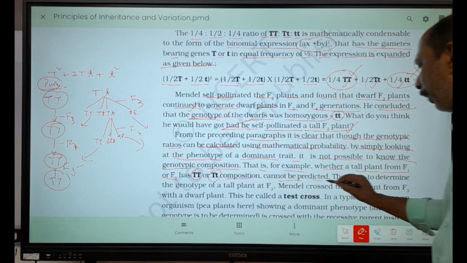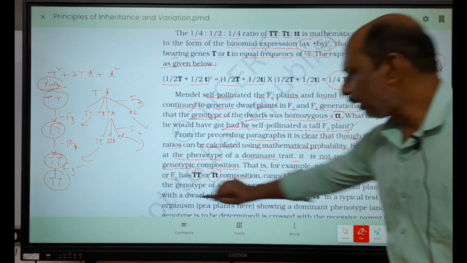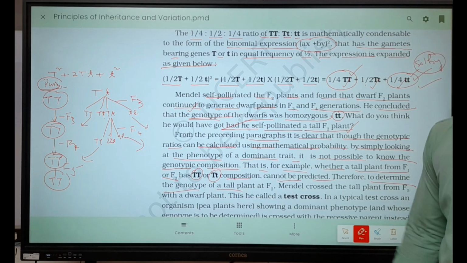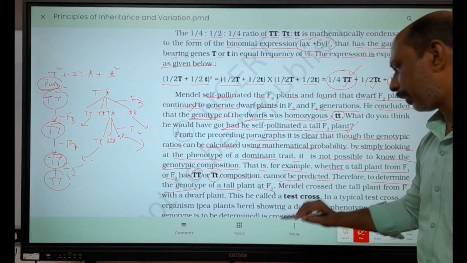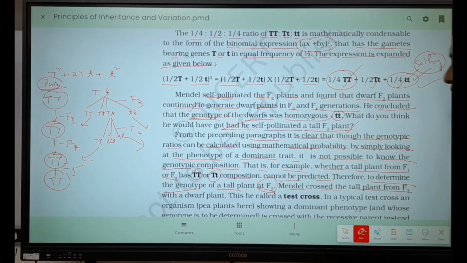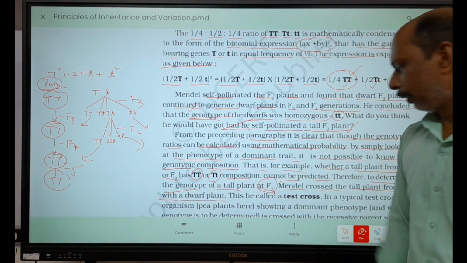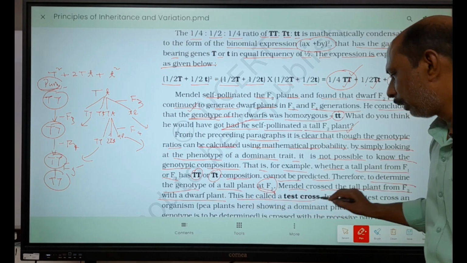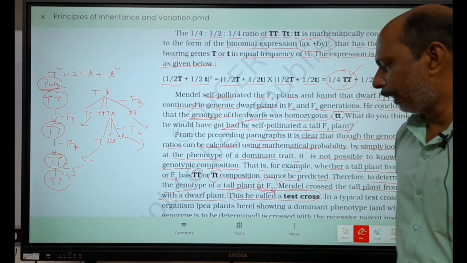Composition cannot be predicted. Therefore, to determine the genotype of a tall plant at F2 generation, Mendel crossed the tall plant from F2 with a dwarf plant, and that he called a test cross.